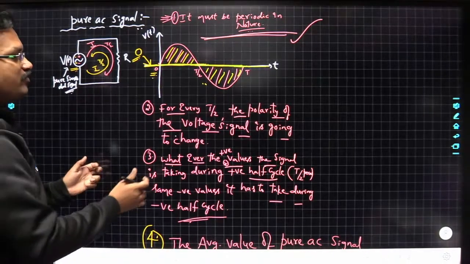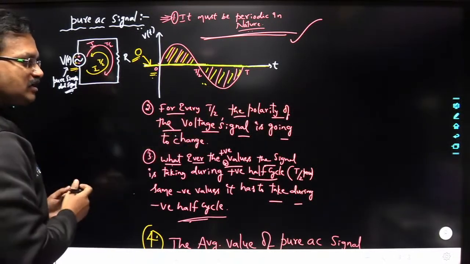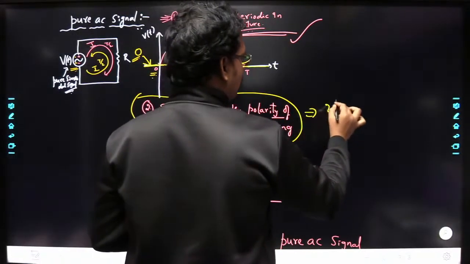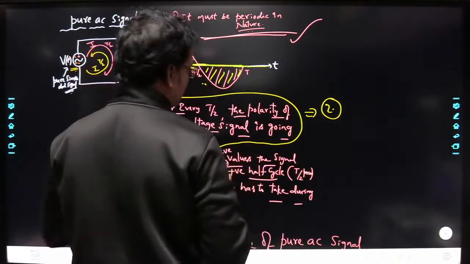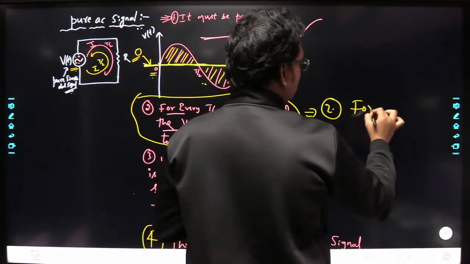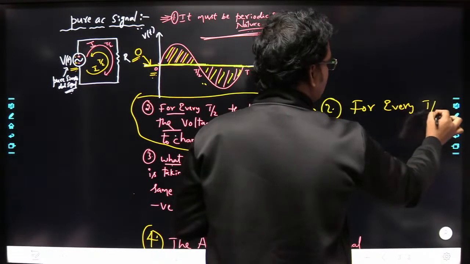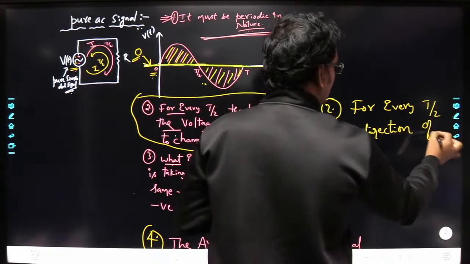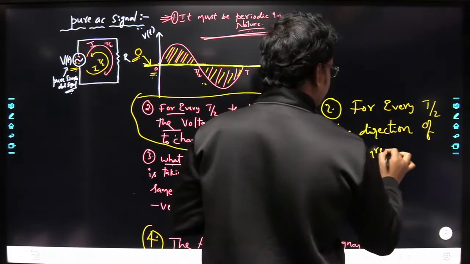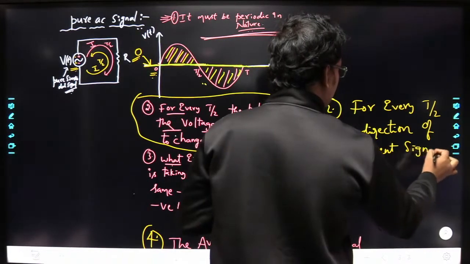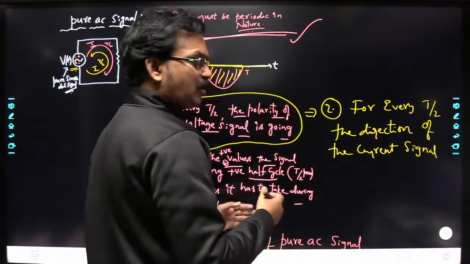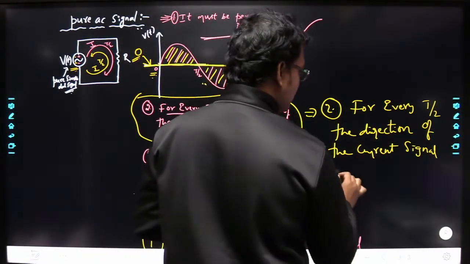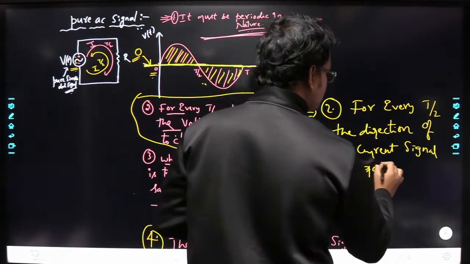But instead of writing that for every T/2 the polarity of the voltage signal is going to change, you can replace this point for pure AC current signal like this: for every T/2, the direction of the current signal, or current flow in the circuit, is going to change.